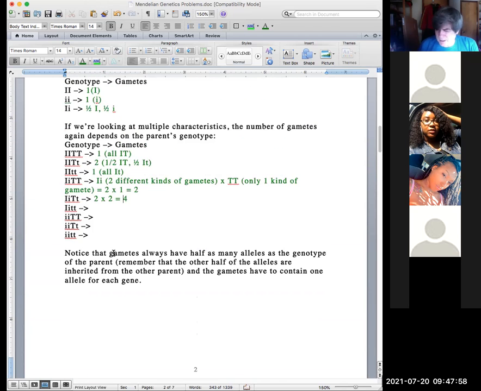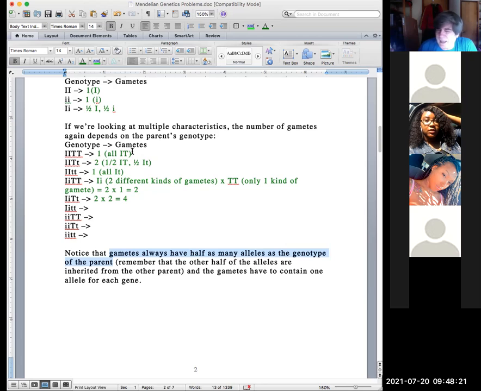Notice that since we're making gametes, if you think about chromosome numbers, they always have half as many alleles as the genotype of the parent. So if we start with 4 letters, our genotypes are always going to have 2. And when we make a gamete, it's going to have 1 I and 1 T in this example. Why?